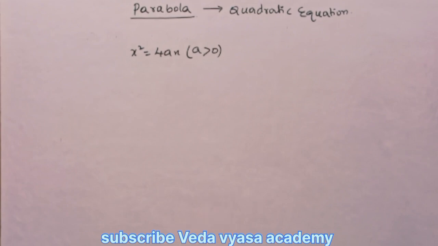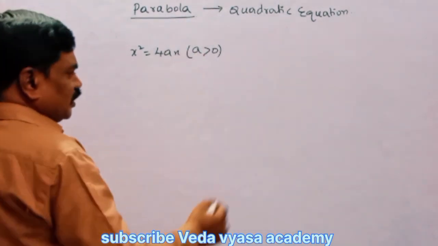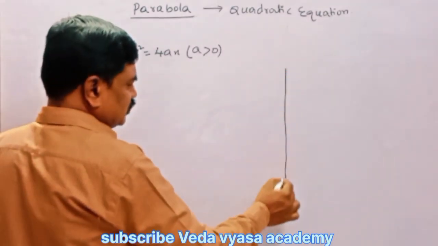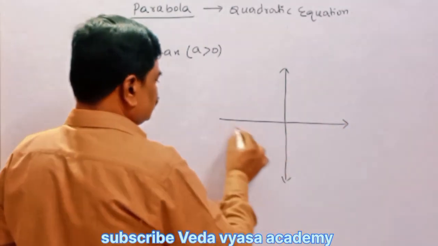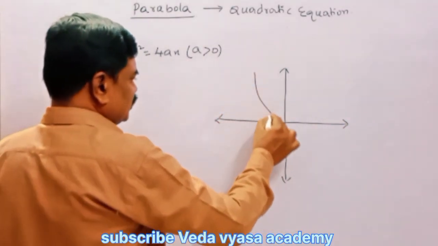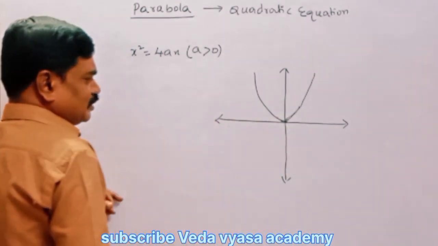One more form of the parabola, x square is equal to 4ay, a greater than 0. This is one more form of the parabola in the plane. This form of the parabola is like this.